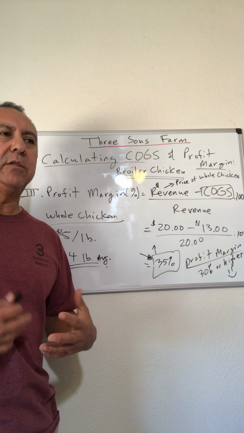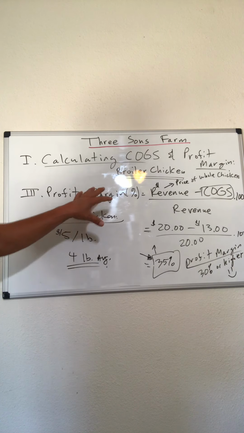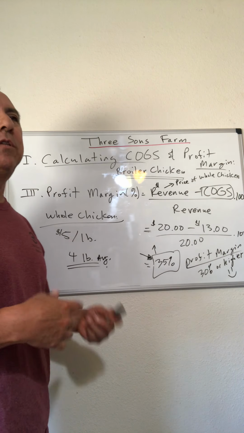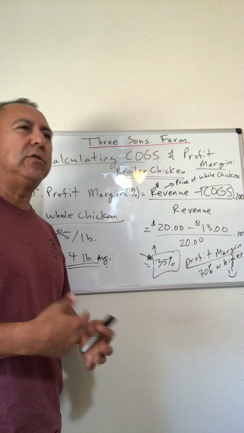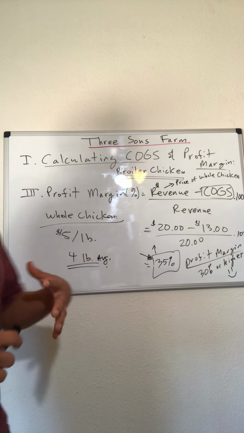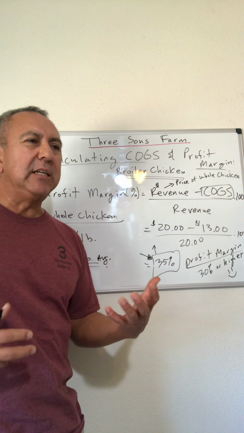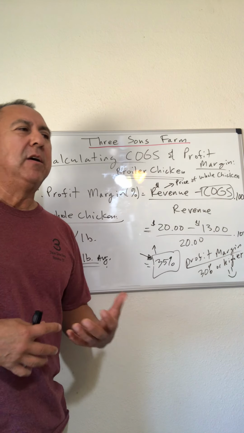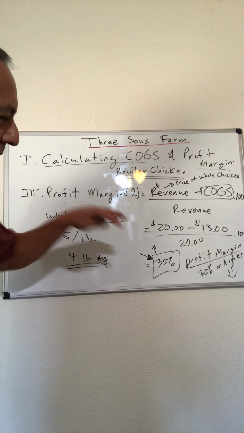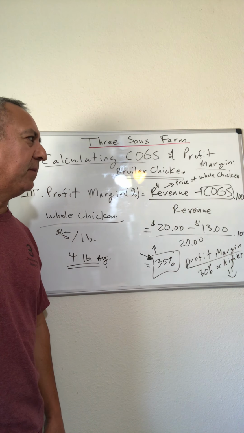That'll lower my costs. So if you have it in a spreadsheet, you can throw those numbers in. Or maybe now instead of buying 50 chicks, you're buying 100, so now you get a quantity discount. And then all those things matter. Or maybe you find a new vendor to get your bags from for packaging and labeling. All those things determine how much money you're going to make or not make.